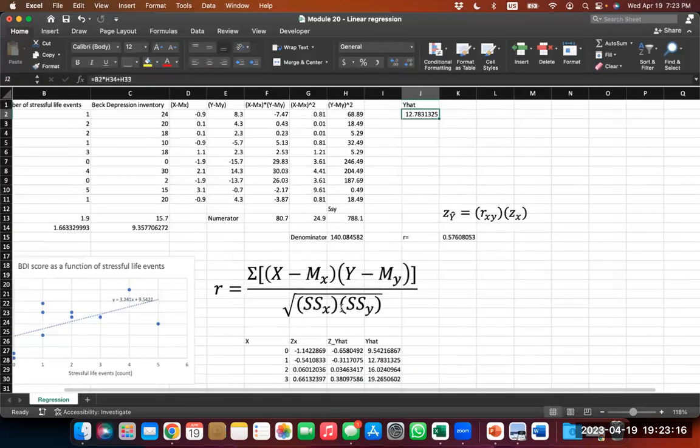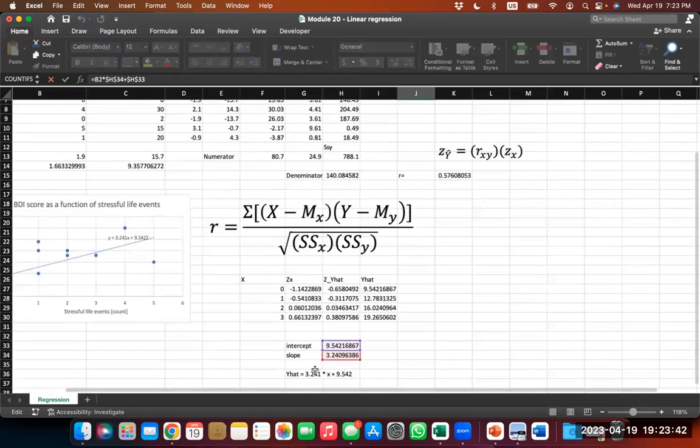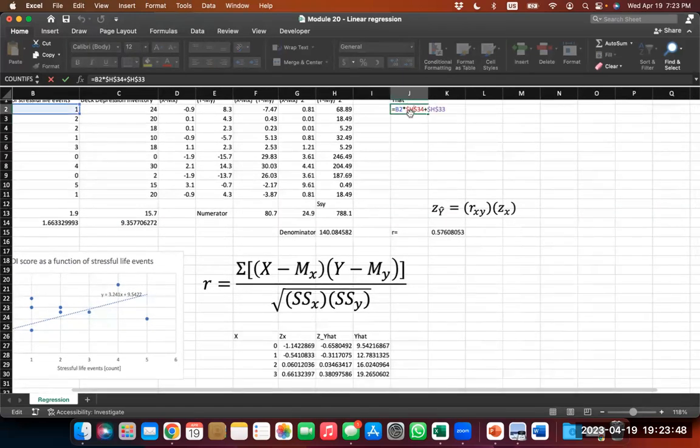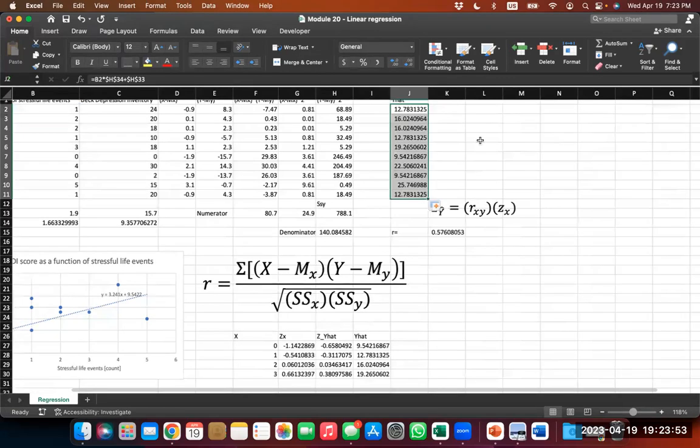So that's now, for the first individual, the estimated predicted depression score. So that's how you can do this prediction. You calculate the x for individual one multiplied by the slope plus the intercept. And if you lock this in, you can basically do this for each individual. So now you have estimates for each of your 10 participants.